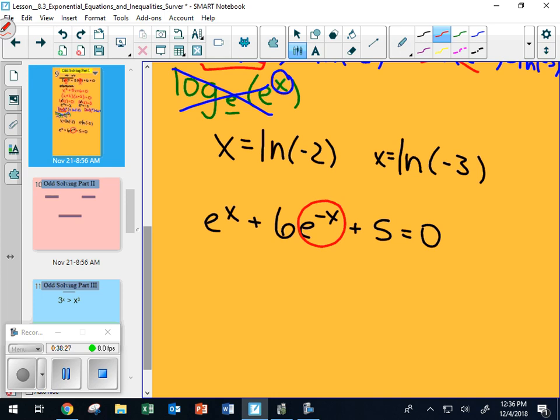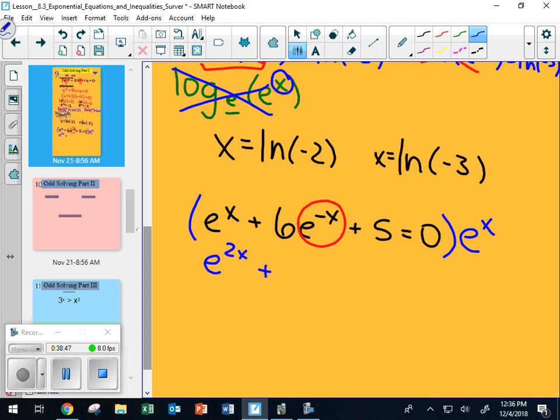So that would be 1 over e, but we don't want it to be 1 over e. Instead, what I would like us to do is, what if we just multiplied everything by e to the x? Then don't I end up with e to the 2x here?